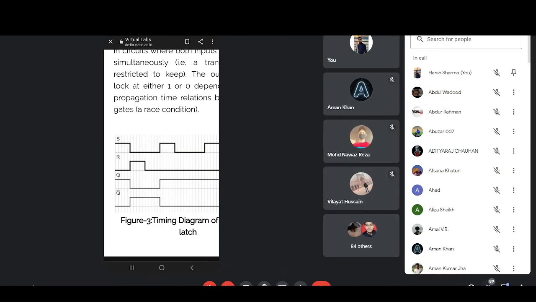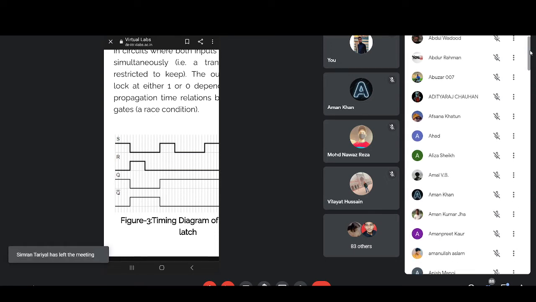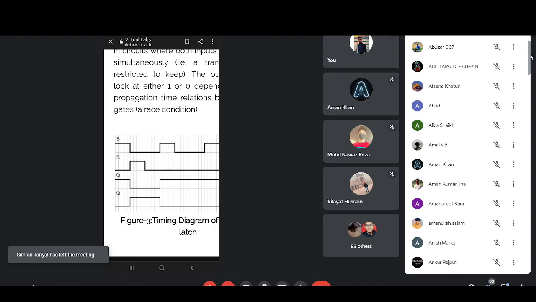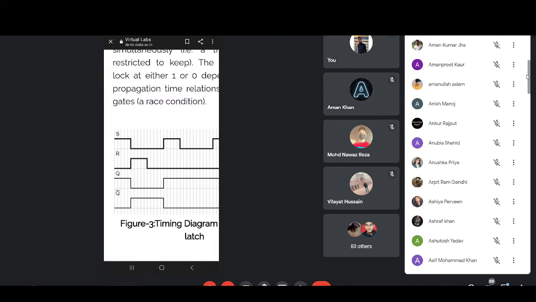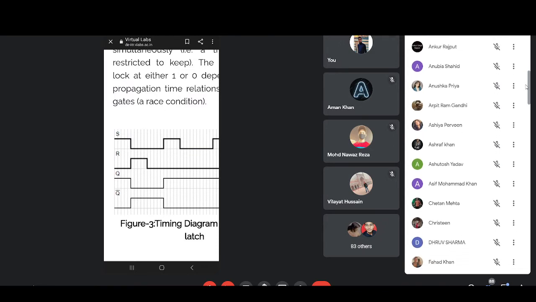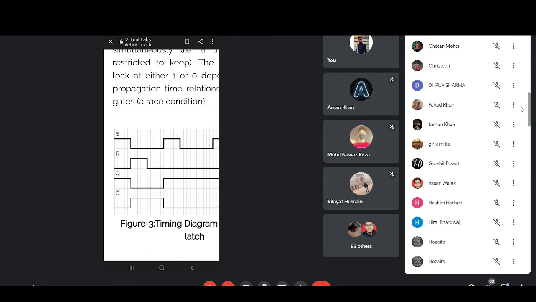Accordingly, we have our Q. When S is 1, R is 0, that is the set state. So Q is high. Can you see that Q on your mobile or laptop?